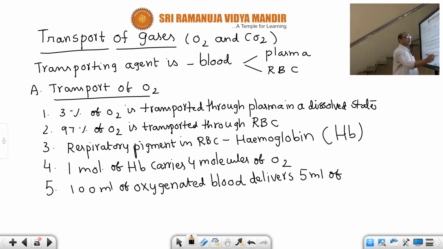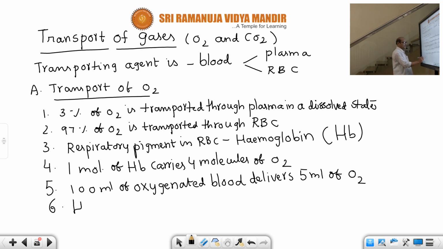The same 100 ml of deoxygenated blood... this is oxygenated. Oxygenated blood only contains oxygen. In the same way, at the CO2 transport, again I will tell this point, but here comparability is there. That's why 100 ml of deoxygenated blood delivers 4 ml of CO2. This is 5 ml of O2. So this numerical status, remember carefully.